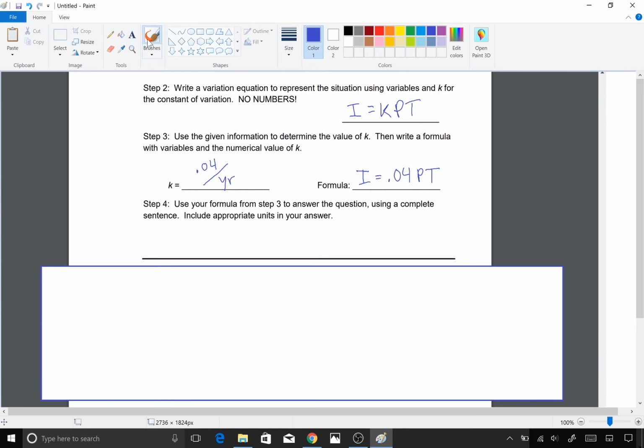Now to solve the problem, if you deposit $5,000, then that's the principal. So we're given that P equals $5,000 and that T equals 7 years. Plugging that into our formula, we get I equals 0.04 divided by year times $5,000 over 1, because that's just a whole number, times 7 years, also over 1.